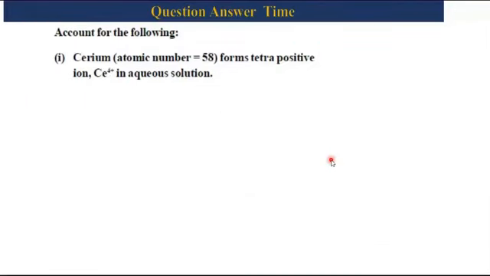Okay, so this is the question now. Account for the following. Cerium forms the tetra positive ion in aqueous solution. Now the thing is, why? Just think about it and respond back to me. I'm waiting for your answer now.